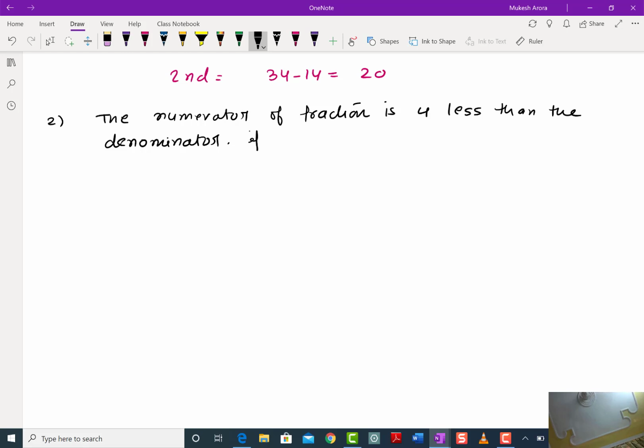If 1 is added to both, the fraction becomes 1 by 2. Find the fraction.